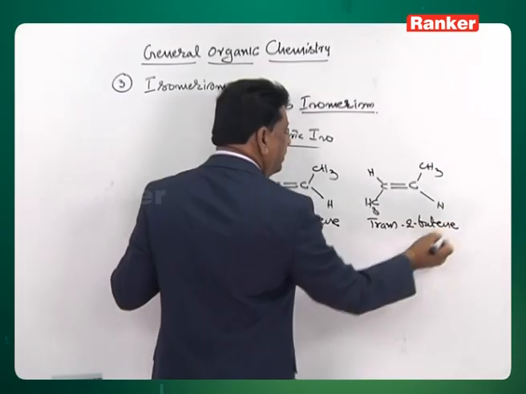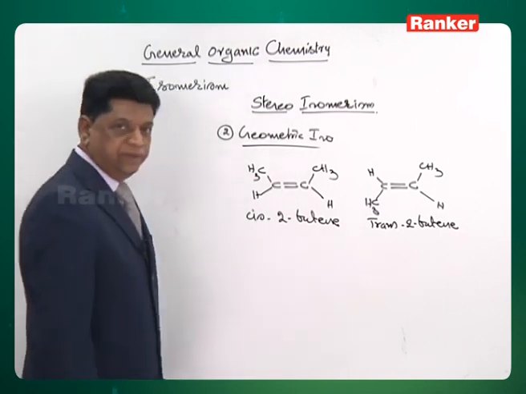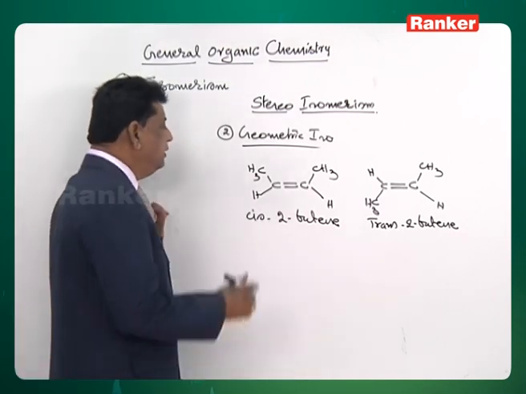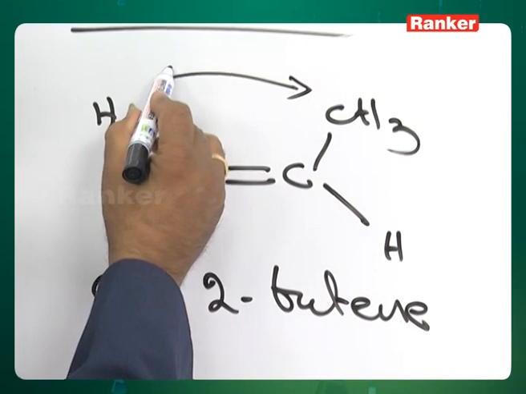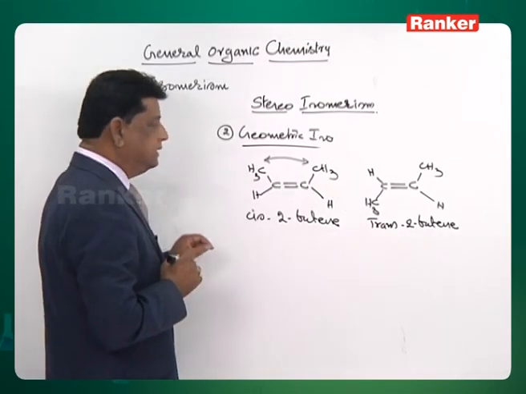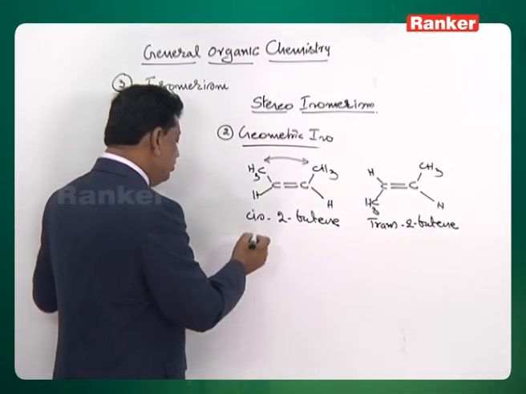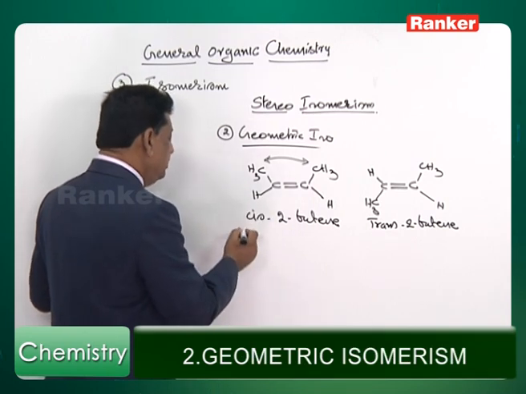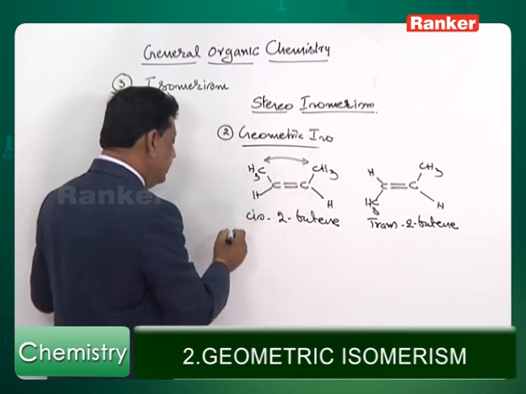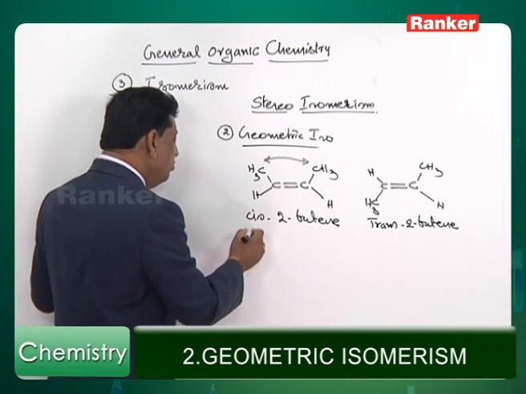The cis and trans refer to the same side and the opposite side, right. Now, in cis-2-butene, the distance between the two methyls will be less. Less distance means more repulsion. So, the consequence of these two methyls on the same side, isn't it? Same side methyl gives more repulsion.